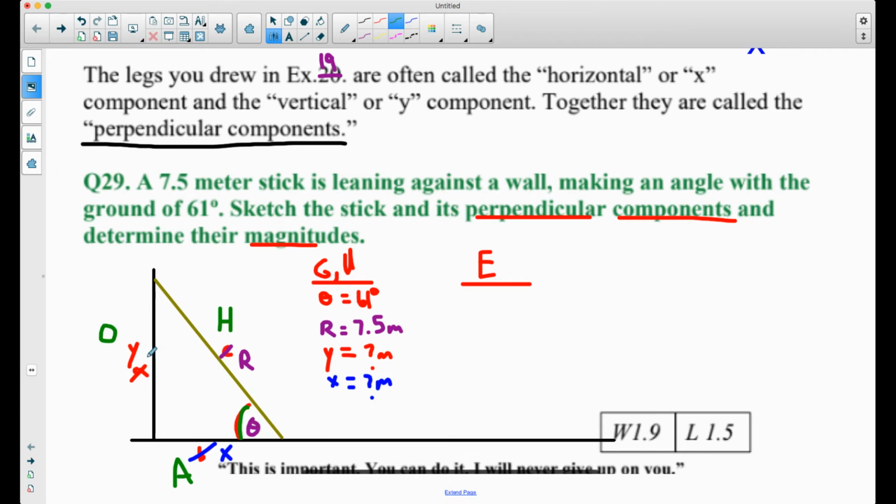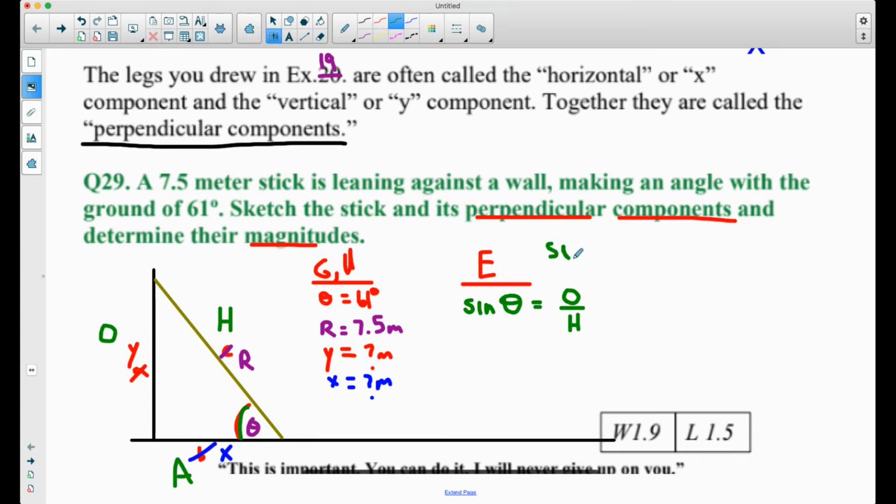So if we're going to try to solve for y, which is the opposite, well, opposite we need, hypotenuse we know, OH is SOH. Just as a reminder, the unsubstituted equation looks like this. Sine theta equals opposite over hypotenuse. That is an unsubstituted equation. That gets you the 2-point format.